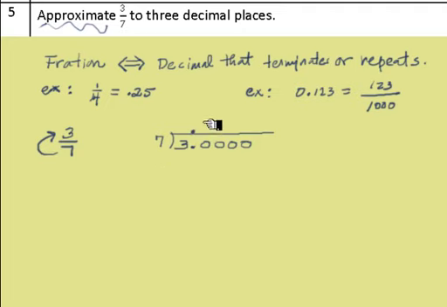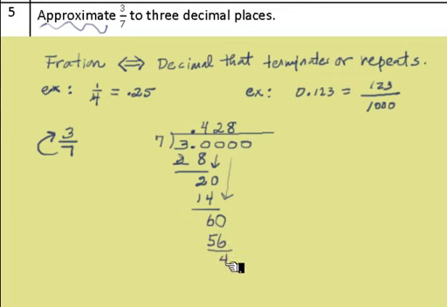7 into 30 4 times. Okay, just bring down the 0. 2 times. Okay, here we have 8 times. And finally, 5 times.